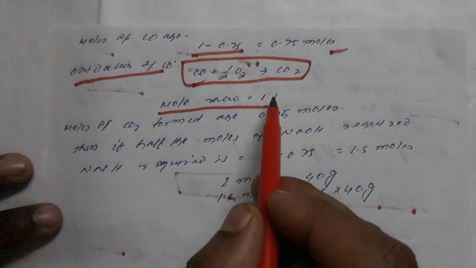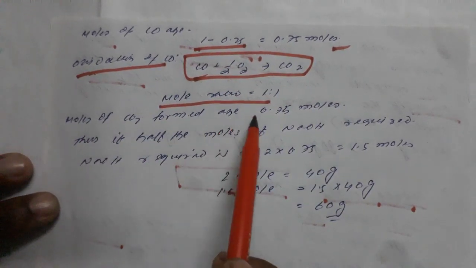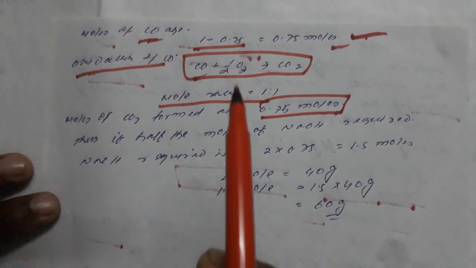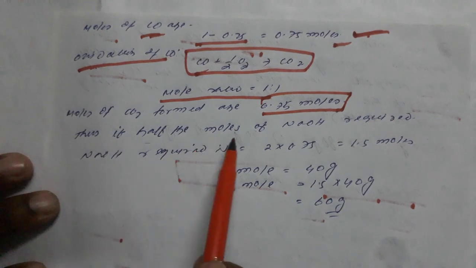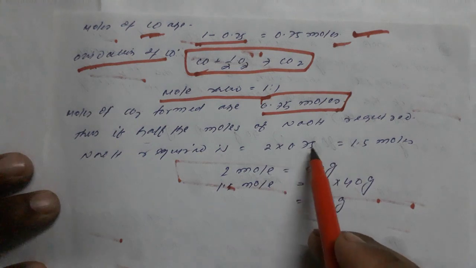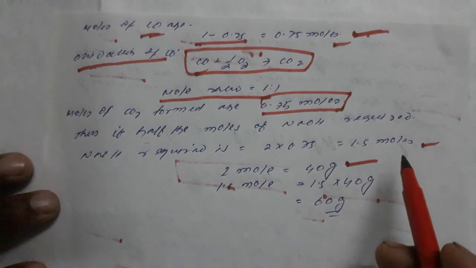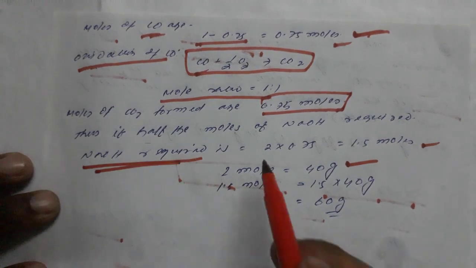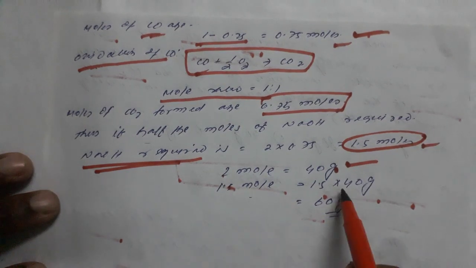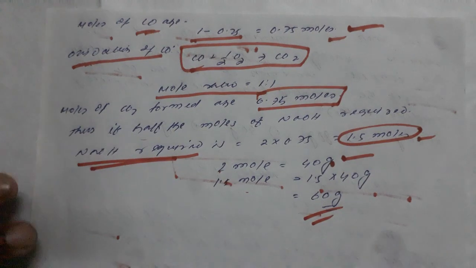The molar ratio is 1:1, so this much is left after the formation of CO2. Then the mole of sodium hydroxide required is 2 into this, so it will be 1.5, and 1 mole of sodium hydroxide equals 40 gram. If it is 1.5 mole of sodium hydroxide, then 1.5 into 40 equals 60 gram.